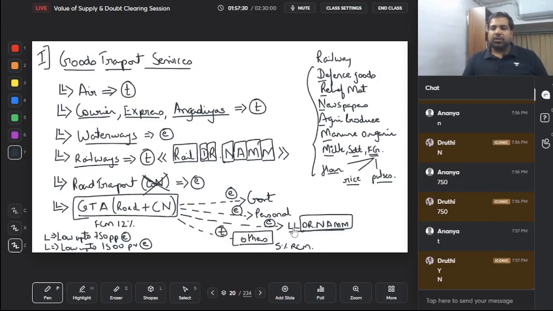Alright, so that is goods transport, guys. Very soon we'll open up to questions also from this chapter, but right now this is LL Dr. Nam. Let me check if there is a question on this. Yes, there is illustration number 3 and question number 12.